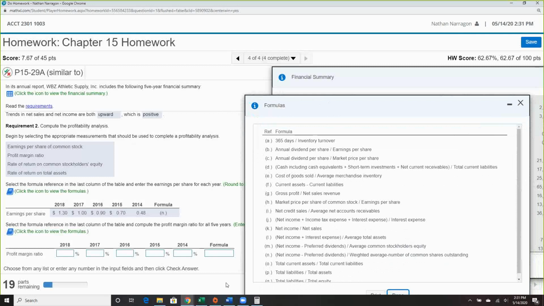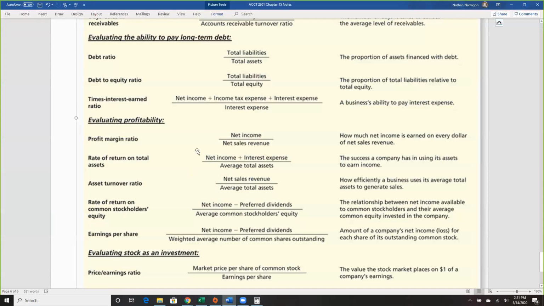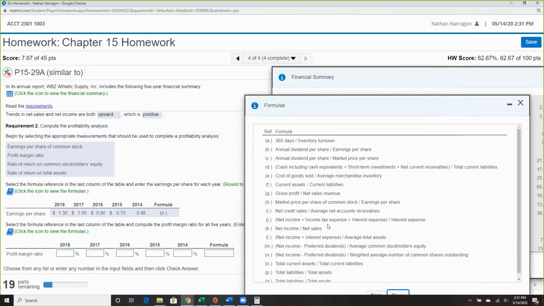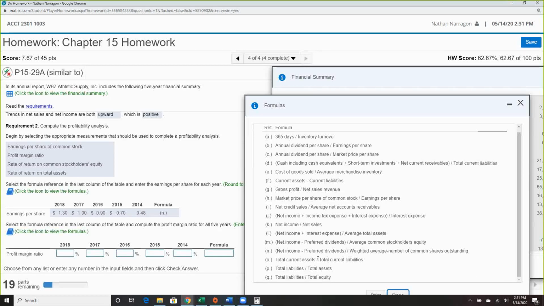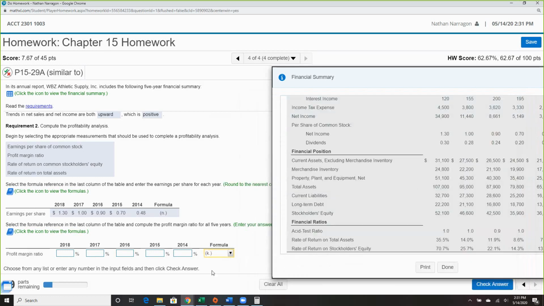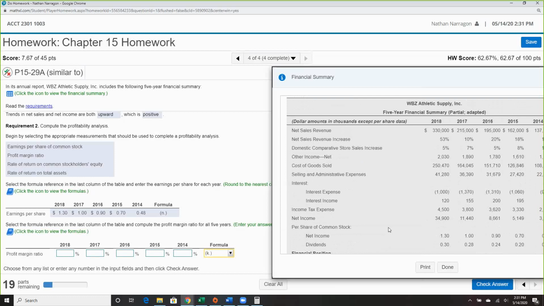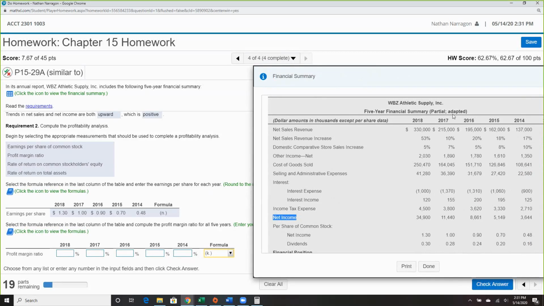Of course our classic profit margin ratio is net income divided by net sales revenue. There we go. Net income divided by net sales. This one's not here because we do have net income and net sales, so we're going to have to compute these.